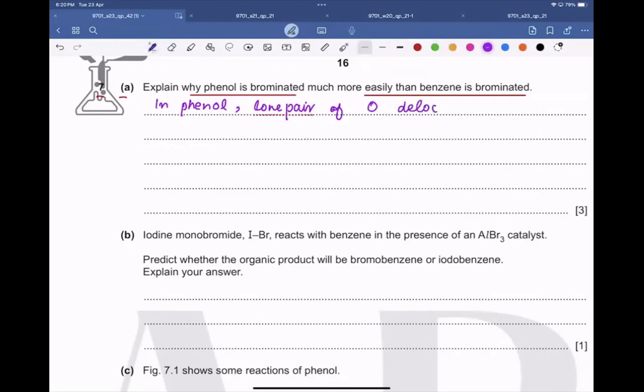So now in the ring, instead of 6 electrons, it has 8 electrons in the pi system. So due to this, the pi electron density increases. Right?